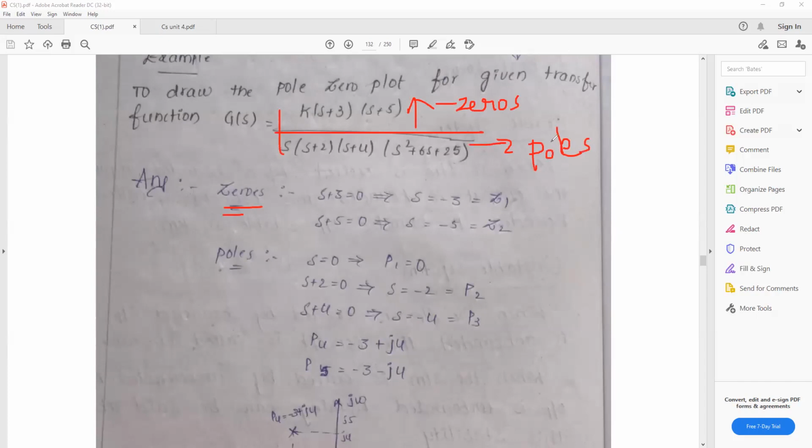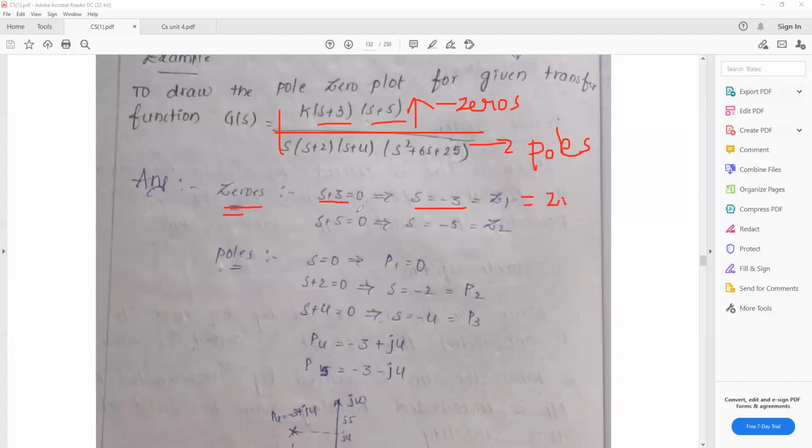Numerator roots are called zeros, denominator roots are called poles. First calculate the zeros. S plus 3 is equal to 0, s is equal to minus 3, so z1 is equal to minus 3.